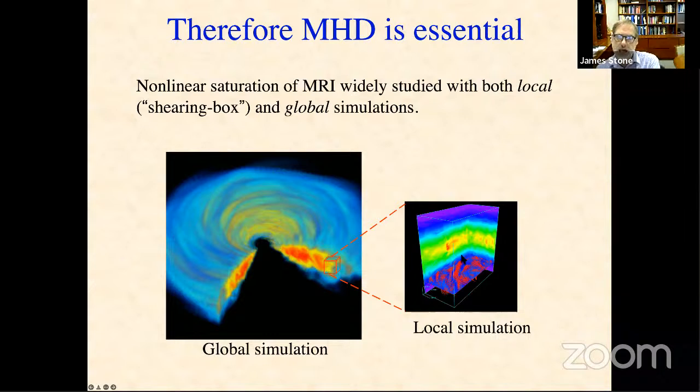Or we've learned a lot about the MRI from so-called local simulations, where you just study a small patch of an accretion flow using appropriate boundary conditions to focus all your computational effort on a smaller area. So both local and global simulations have taught us about the MRI, and MHD is going to be required to model these black hole accretion flows in the luminous state.